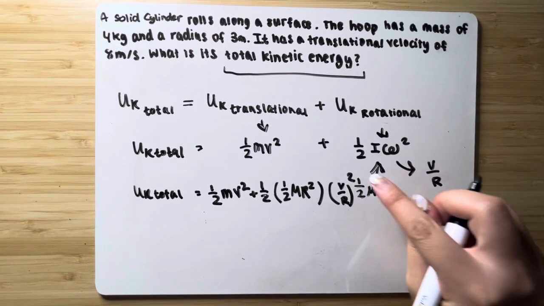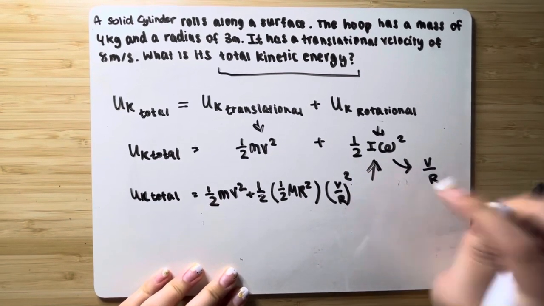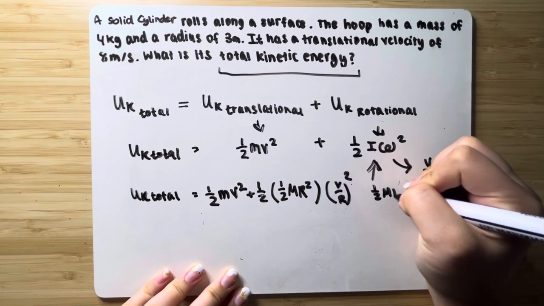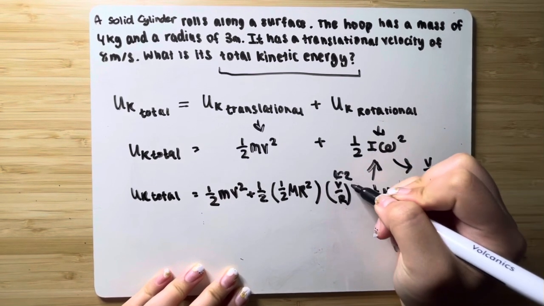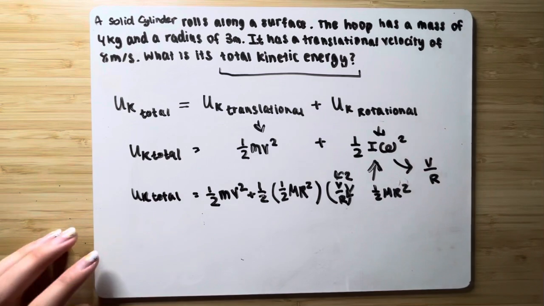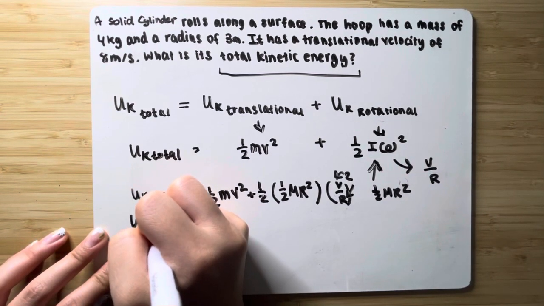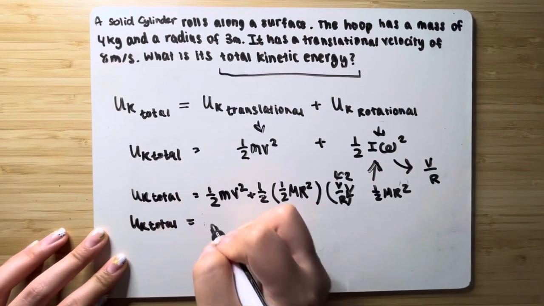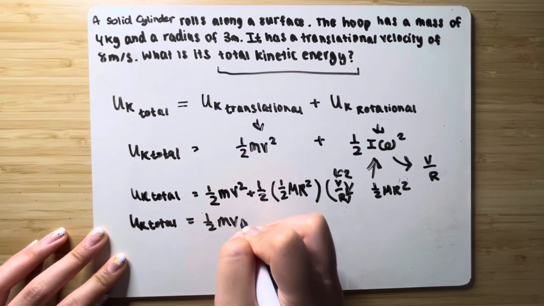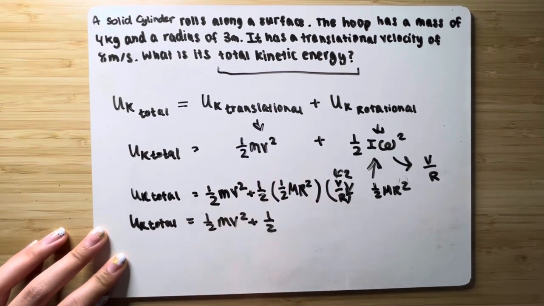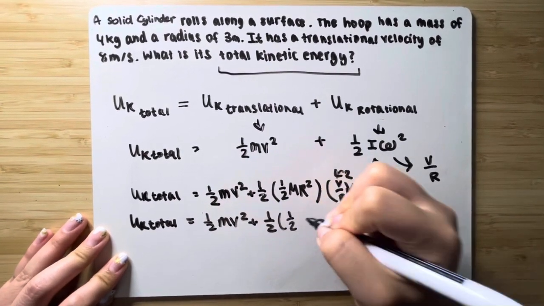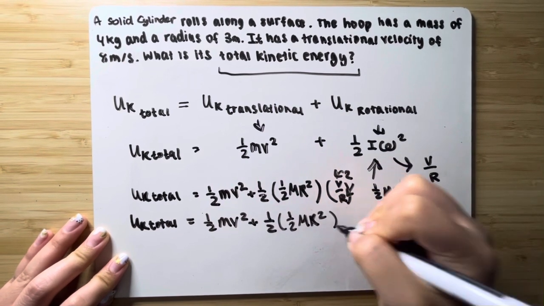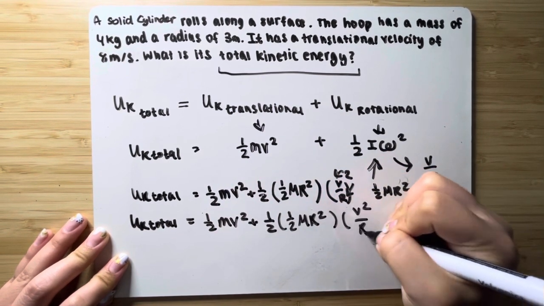Now, distribute the square for both v and r. You get KE total equaling 1/2 mv squared plus 1/2 times 1/2 mr squared times v squared over r squared.